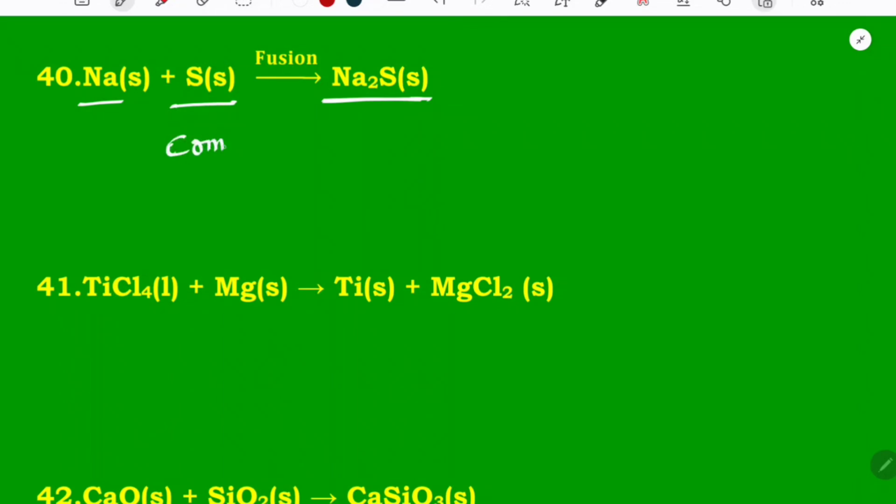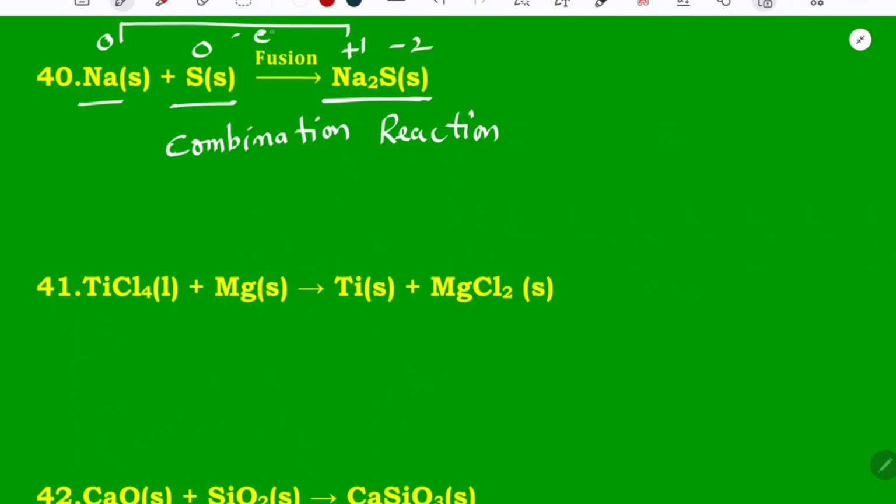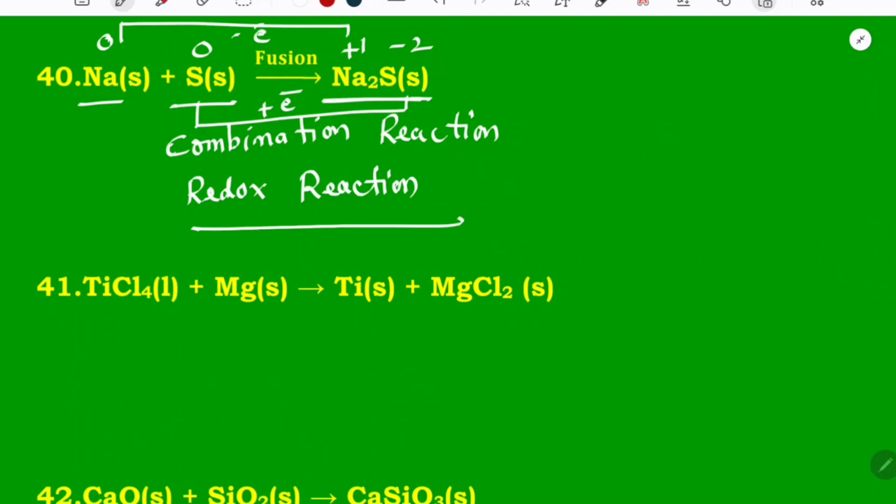Then 0 to +1 means loss of electrons, and 0 to -2 for S means gaining of electrons. So this is also a redox reaction. It is a combination reaction as well as a redox reaction.